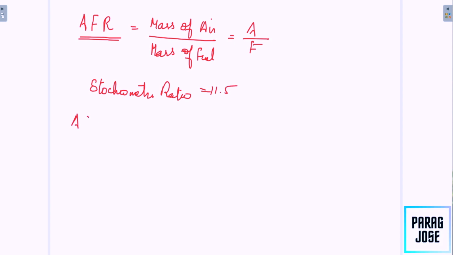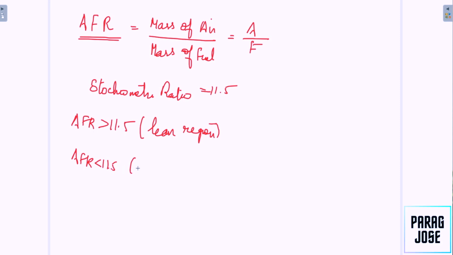If the AFR value is greater than 11.5, then the vehicle is said to operate in the lean region. And if the AFR value is less than 11.5, then it is said to operate in the rich region.